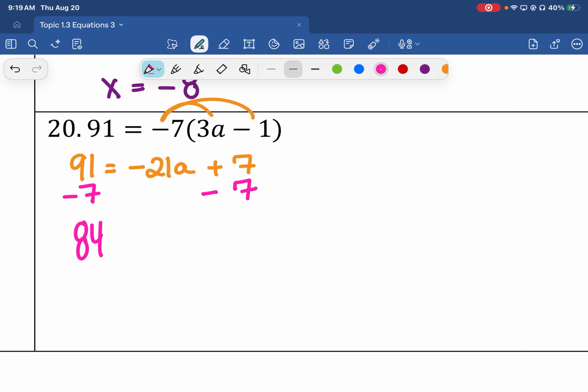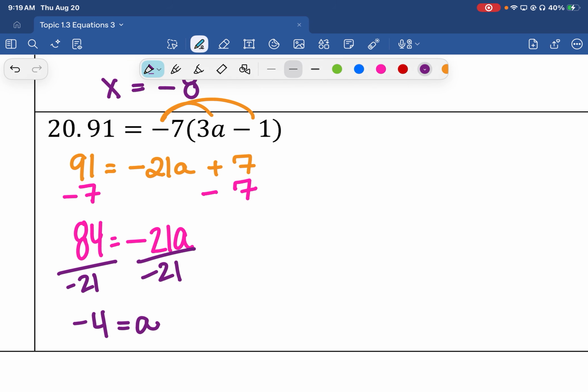So we get 84 is equal to negative 21a. Now we have to finish solving it. How do I do that? Divide both sides by negative 21. What is 84 divided by negative 21? Negative 4. So negative 4 is equal to our a value.